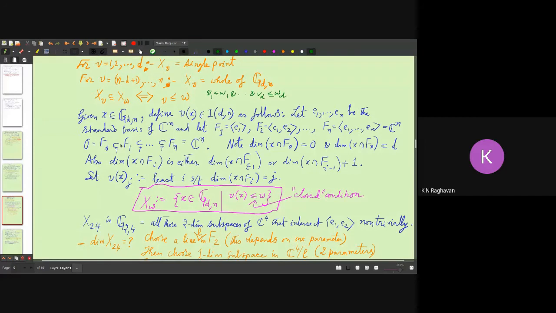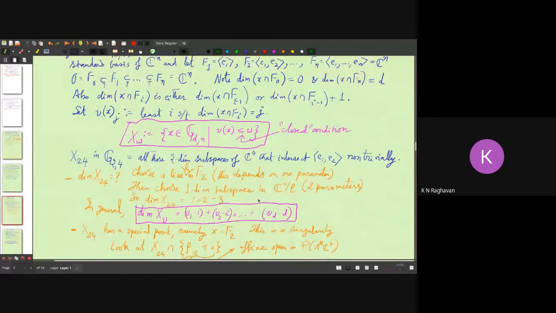If you take, so to speak, a limit of elements x, all of which have some given intersection, the limit point either has the same intersection or even more. So this is a closed condition.